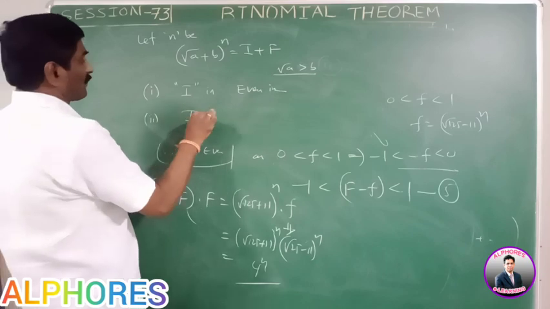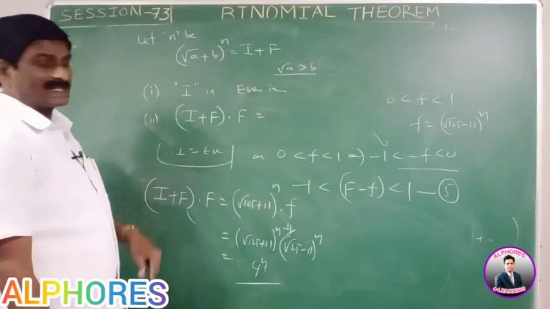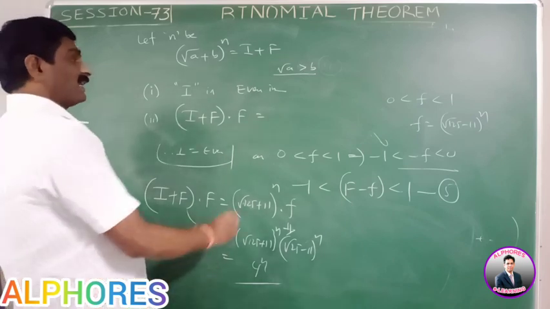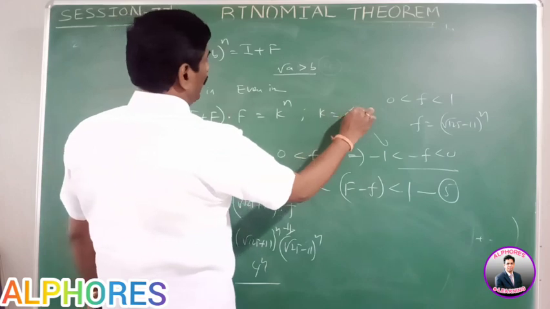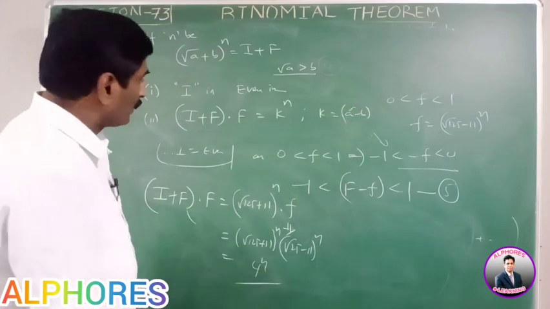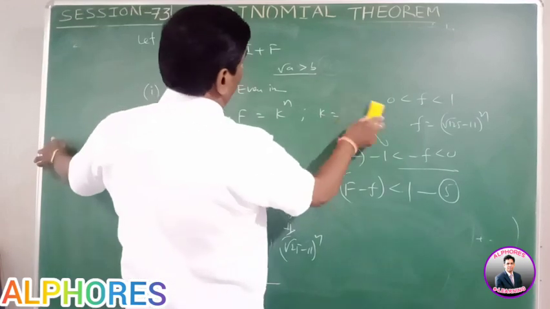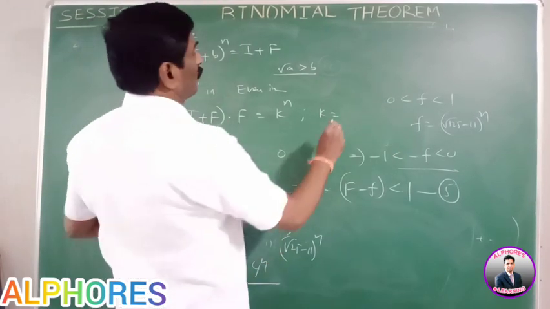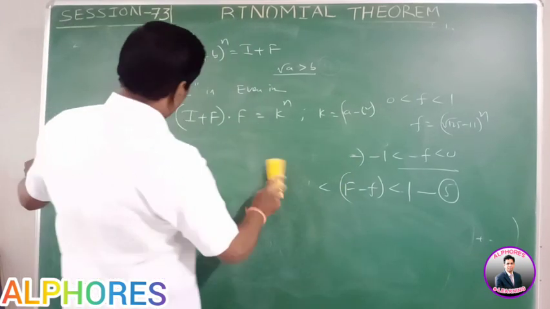And (I plus f) into capital F is equal to K power n, where K is equal to a minus b square. Root a plus b into root a minus b means a minus b square, so K is equal to a minus b square.